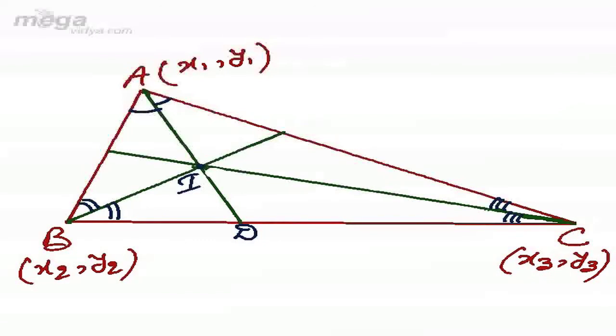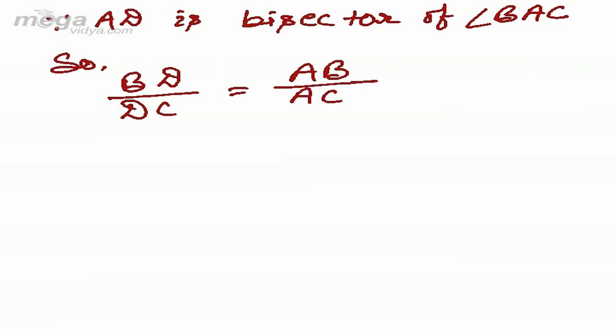Now student, you did in class 10th that the angle bisector of any angle divides the opposite side in the ratio of the sides containing the angle. Since AD is the bisector of angle BAC, BD upon DC is the same as AB upon AC.